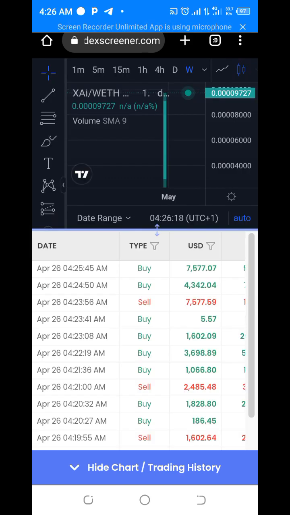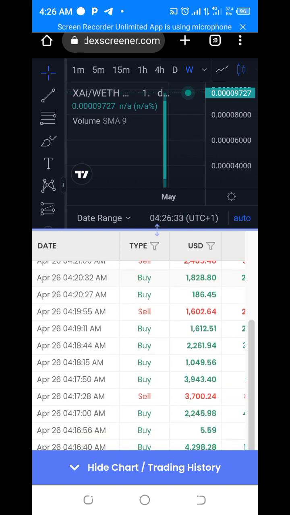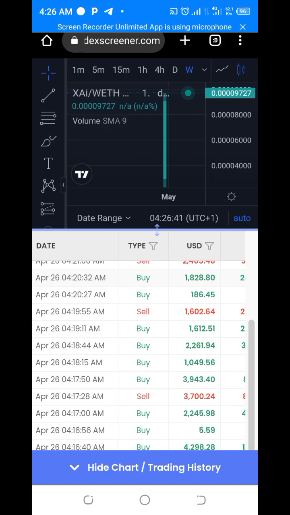Now, this token is a scam token. How do I know? Look at this transaction. This token was created 10 minutes ago, and when you look at the buys, the average buy here is 8,000 and above. You're having 2,000, 3,000, and someone even put 4,000.